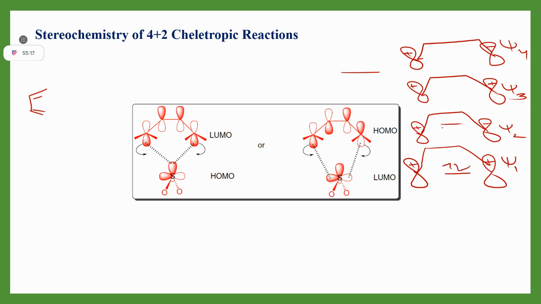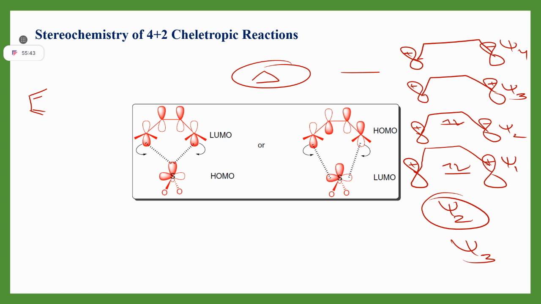1, 2, 3, 4. And we know that 4 plus 2 reactions generally take place under heating condition, yes or no? But cheletropic reactions like this can occur in photochemical condition also. That part we will discuss later. For now, if heating condition is there, psi 2 is your HOMO and your LUMO is your psi 3.